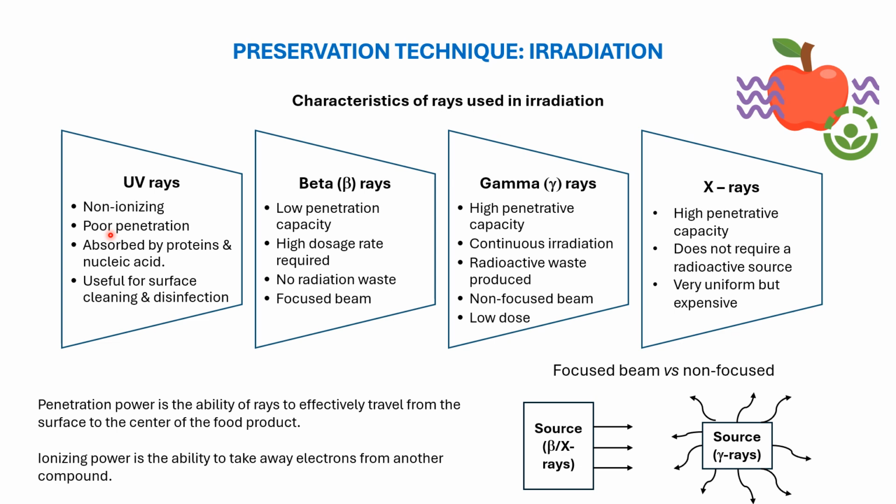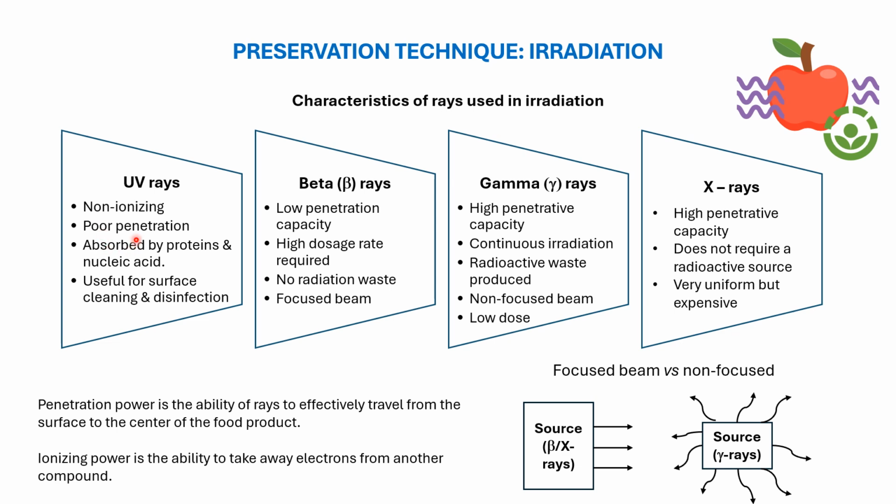Now, this UV range of light can be absorbed by proteins and nucleic acid readily, causing photochemical reactions and subsequently microbial cell death. Microbial death is essentially due to the capacity of UV rays to cause mutations in the microbial cell. It can be single strand breaks, single point mutations, or anything.